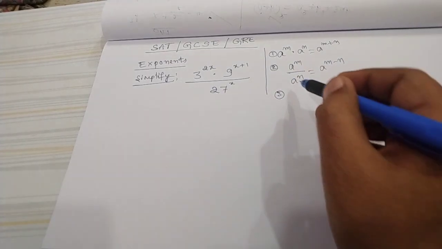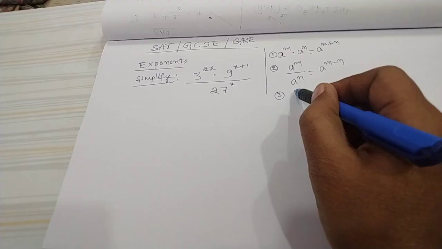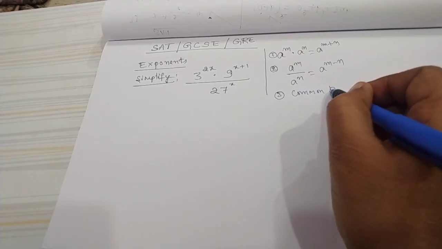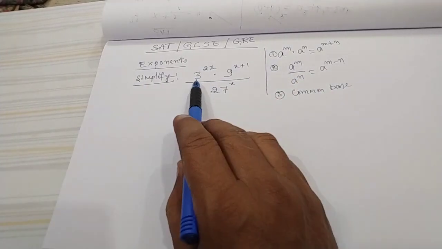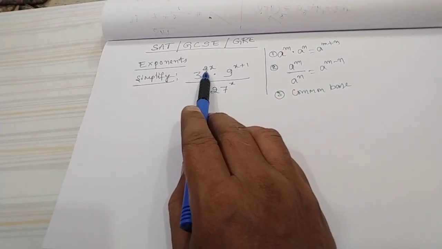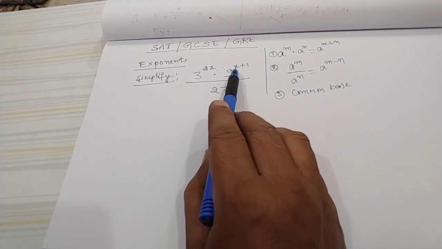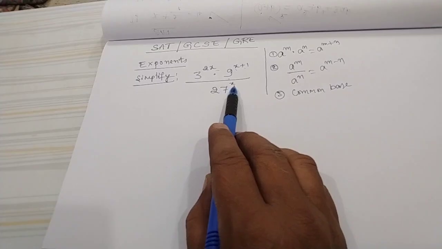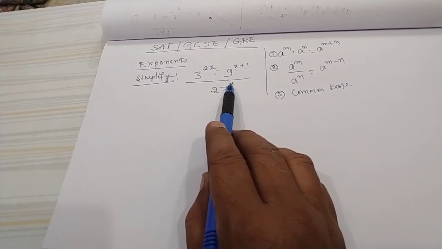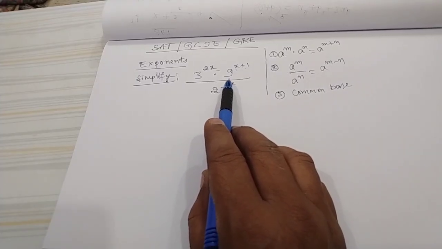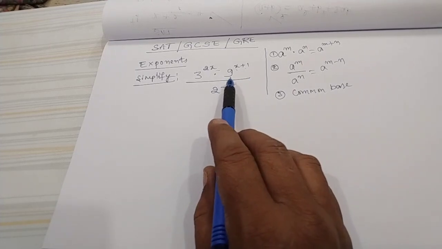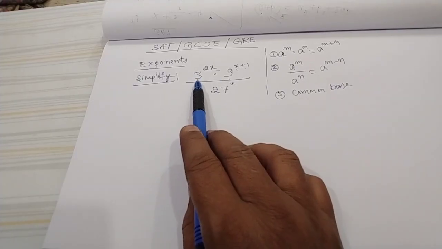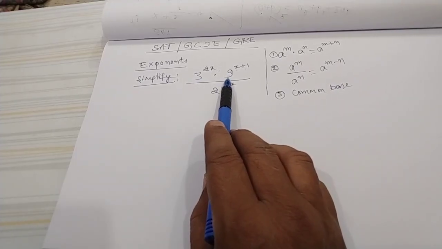And the third strategy is that we should have a common base. Here the base is the bottom number. You can see 3 is the base and 2x is the exponent, 9 is the base and x plus 1 is the exponent, and 27 is the base and x is the exponent. So we have to convert 9 in terms of 3, changing the numbers into base 3. 3 is already there, and 9 has to change.